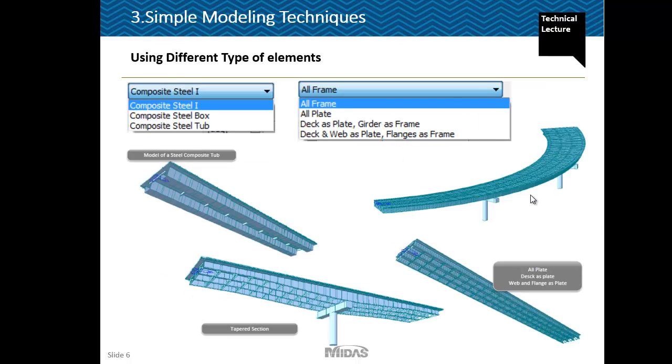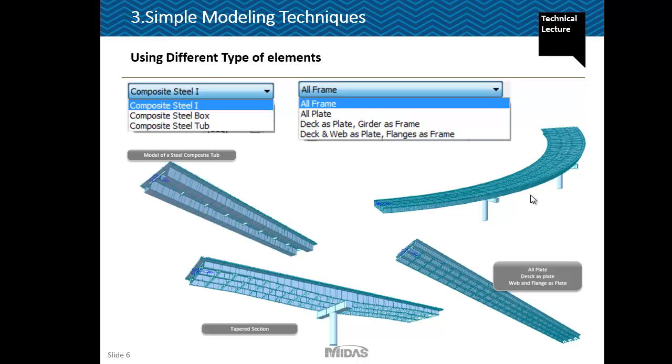Before we get into modeling, I'll quickly explain what type of elements or bridges we can model using MIDAS. If you look at these options, you can model a steel I bridge, steel box bridge, steel tub bridge, and apart from this, the type of elements: you can have all of them as a frame element, that is a 1D line element. Then you can also have them as a plate element.